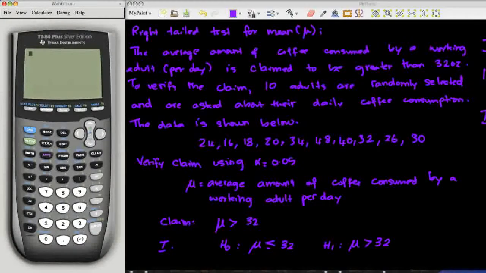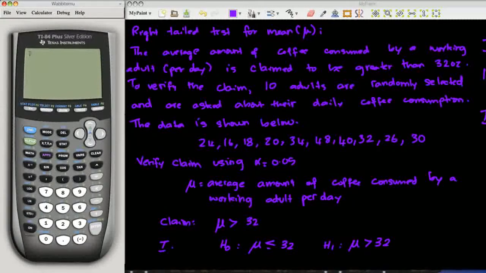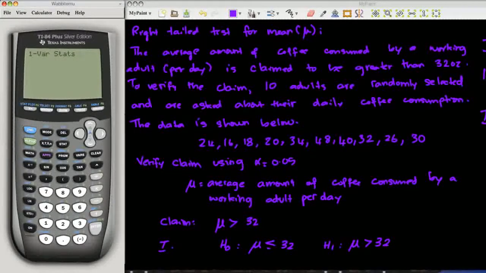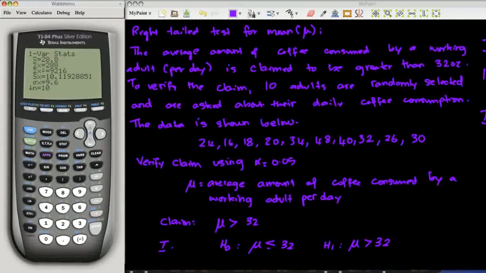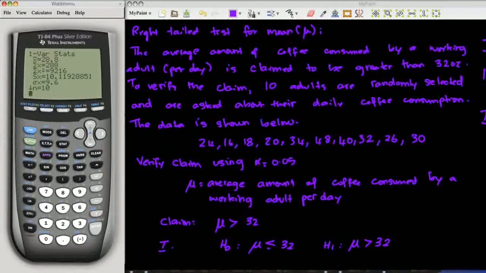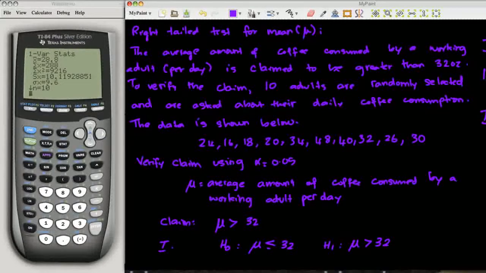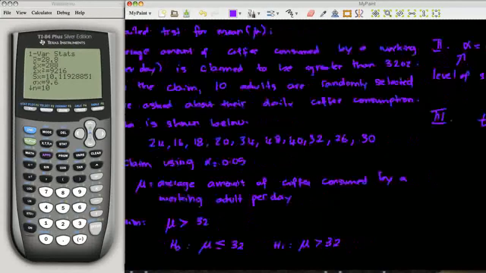Second mode to exit. Now I could press stat, go over to calculate and select one variable statistics of the data in list 1. Press enter. The mean is 28.8 ounces and the standard deviation is 10.119. So I could write it as an approximation as 28.8 and 10.12.